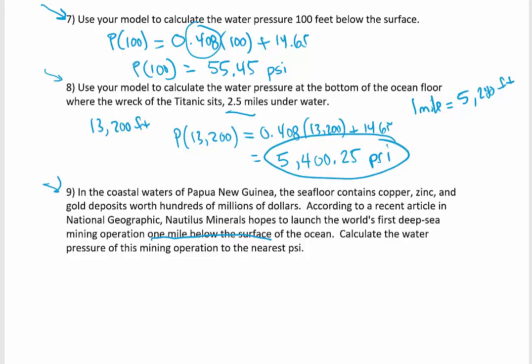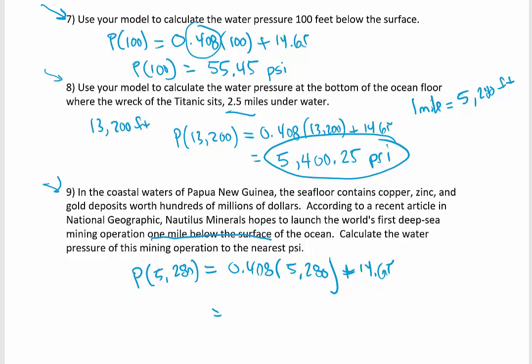All right, question 9. Here now we're 1 mile below, so we're finding the pressure of 5,280 feet, which is 0.408 times 5,280 plus 14.65. Sorry, my penmanship's getting a little rough here. Hopefully with my voice you can follow along.